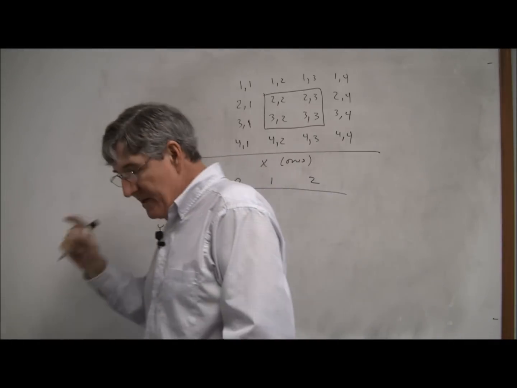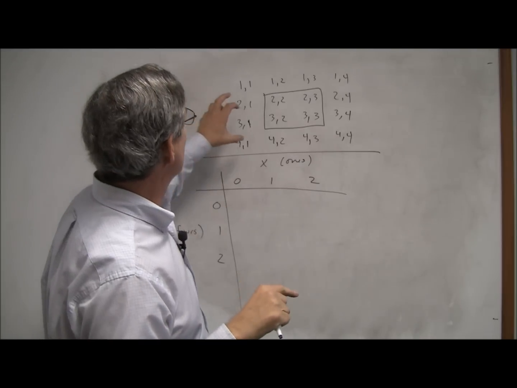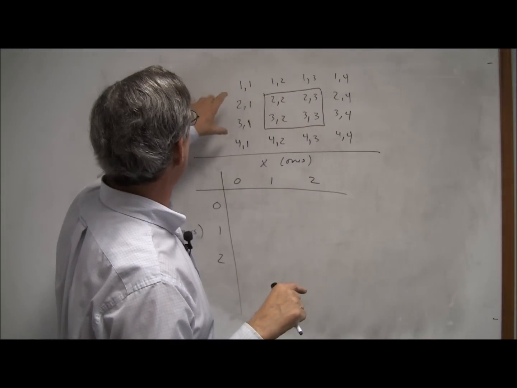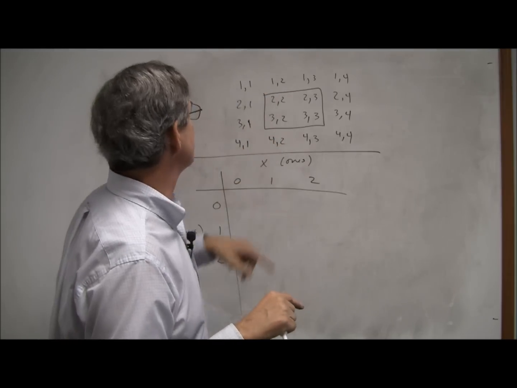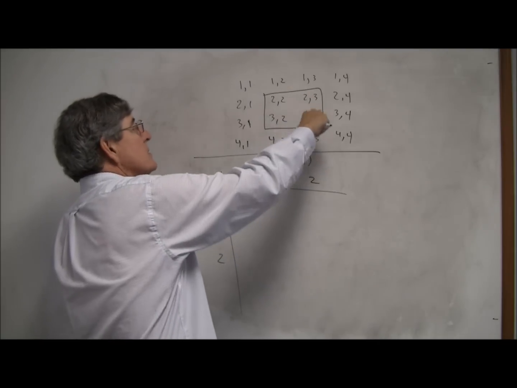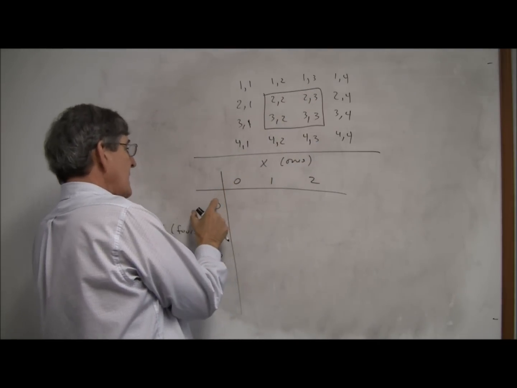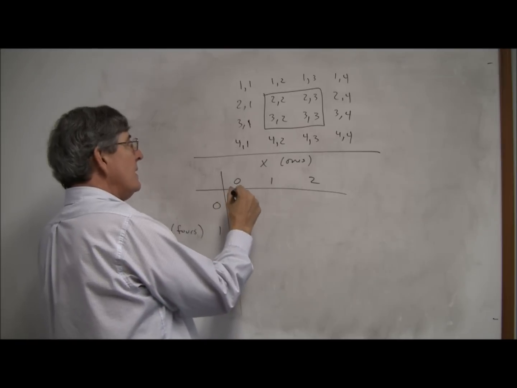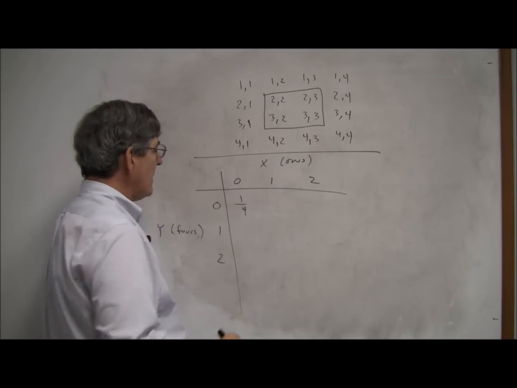So every time we spin this spinner twice, it will be one of these 16 outcomes. In 4 of those outcomes, we don't get any x's and any y's. So the probability of that is 4 over 16. It's 1/4. You see that?